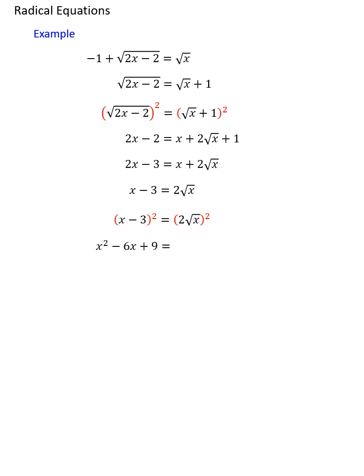On the left side of the equation, I used FOIL to square x minus 3. And on the right side of the equation, I ended up with just 4x. Here's the work if you want to pause and ponder that.